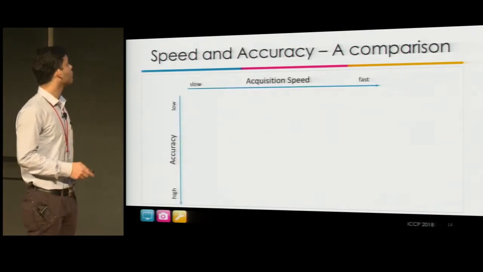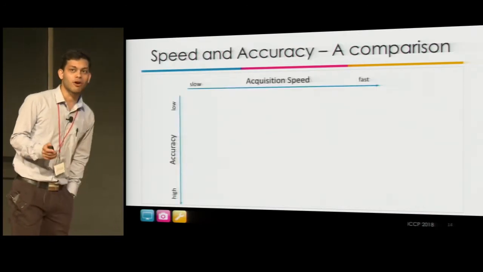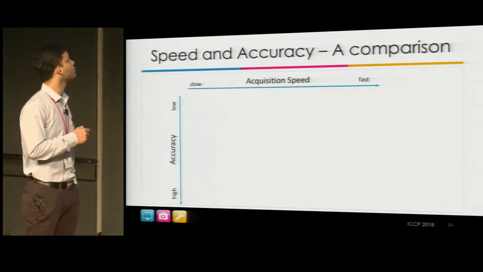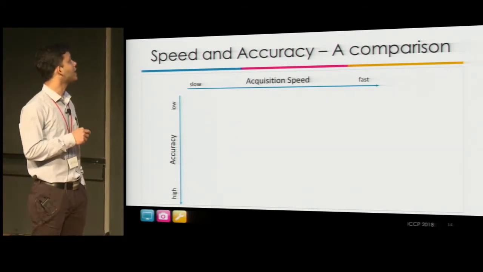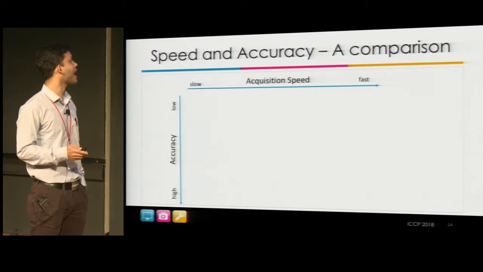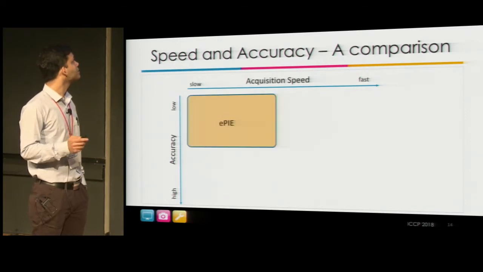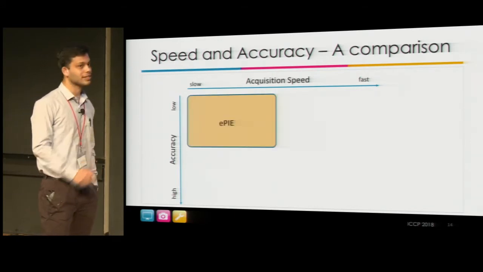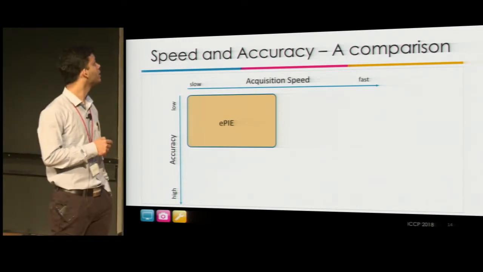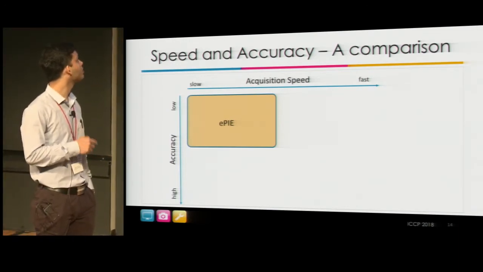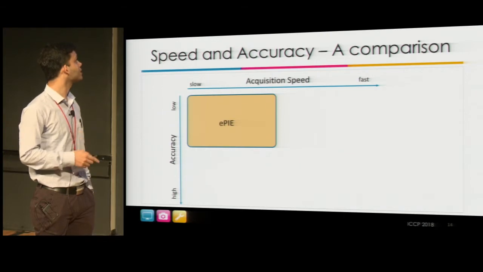Okay, so for comparison, let's put these algorithms that we discussed in a plot where one dimension is the acquisition speed and the other is accuracy, and we see that ePy, since it's step scan, lies in the low acquisition speed regime. Also, it has lower accuracy compared to the other algorithms we talked about.